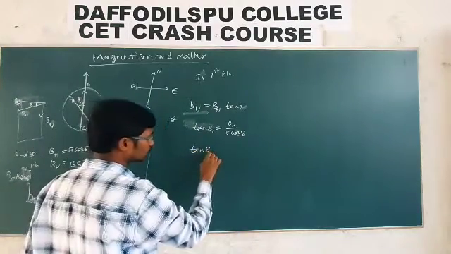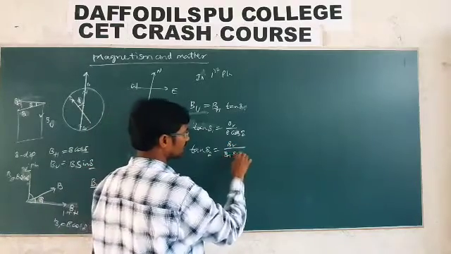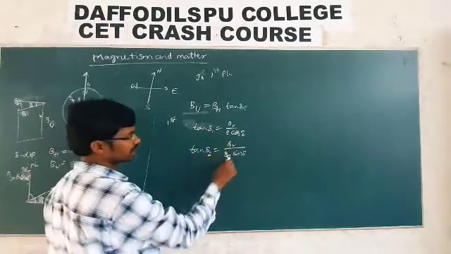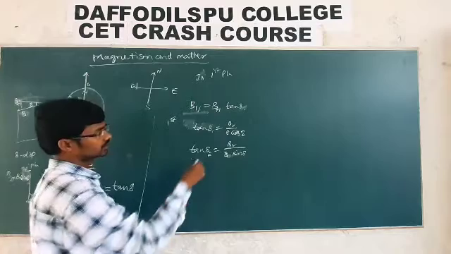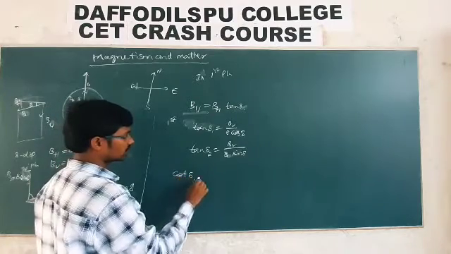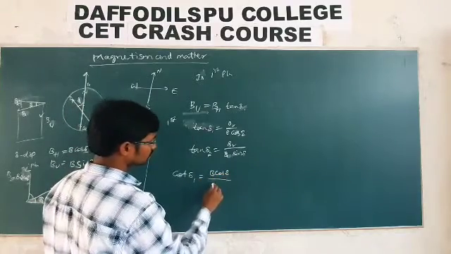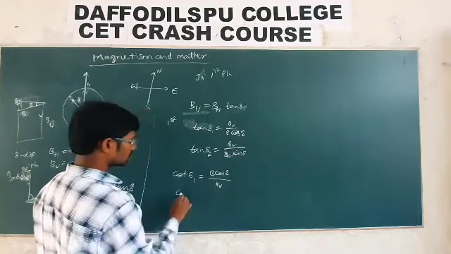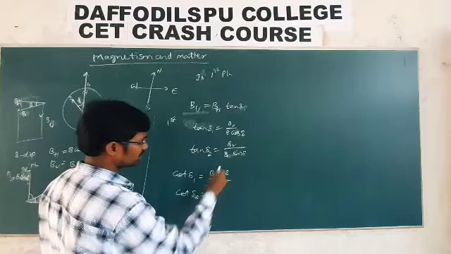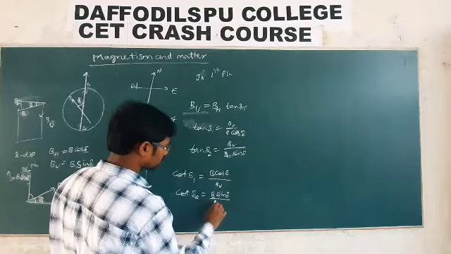Similarly, tan delta 2 is equal to BV by BH, with B sin delta. So cot delta 1 is equal to B cos delta by BV, whereas cot delta 2 is equal to B sin delta by BV.